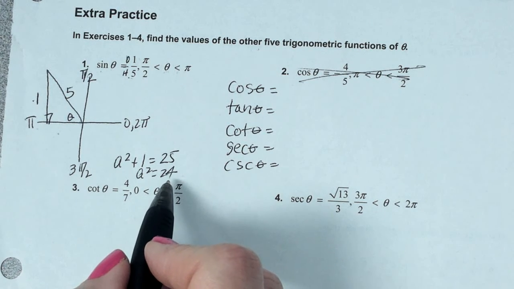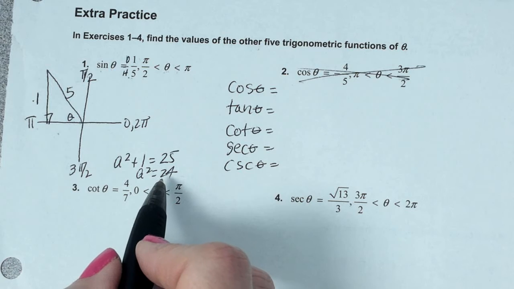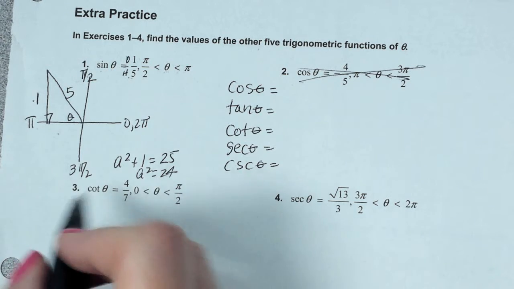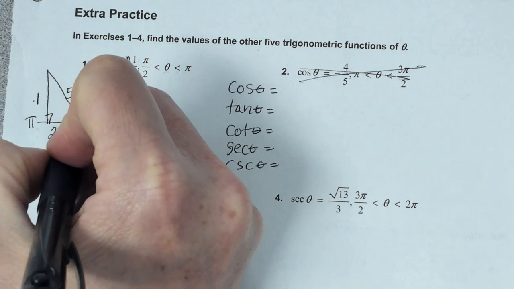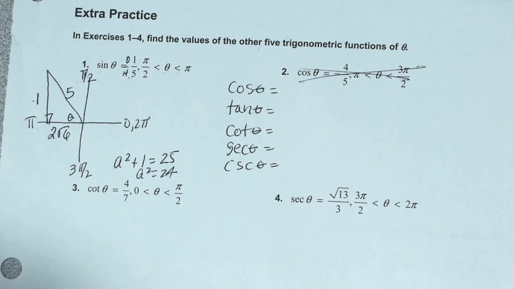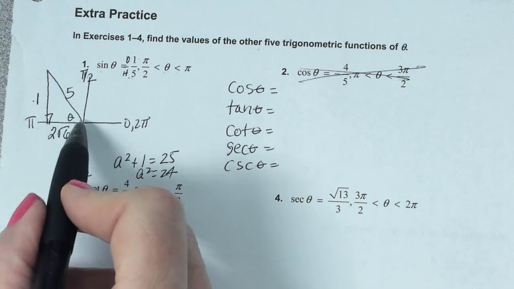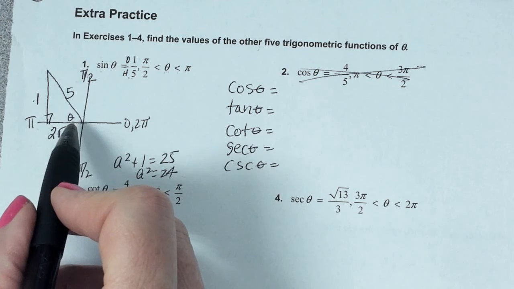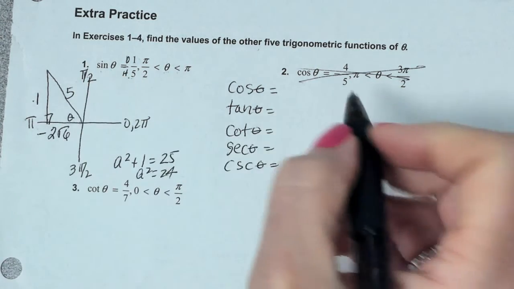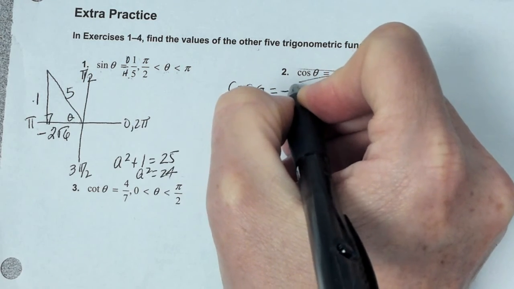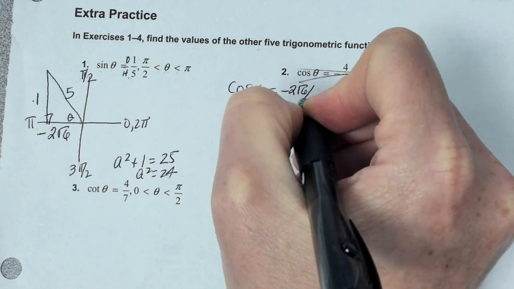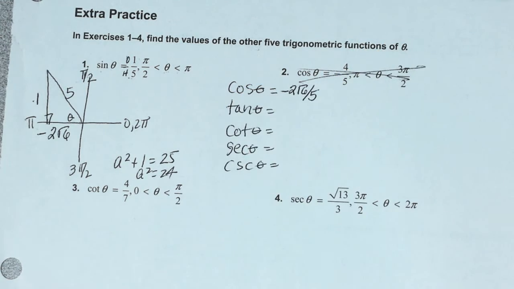It's 4 times 6, so what is it? 2 radical 6, right, so this is 2 radical 6. Is that going to be on the positive direction for x or the negative? Negative, so it's going to be negative. So my cosine value then is going to be negative 2 radical 6 over 5, adjacent over hypotenuse.